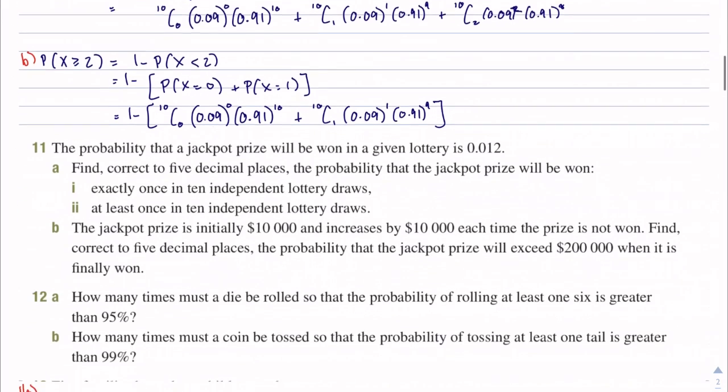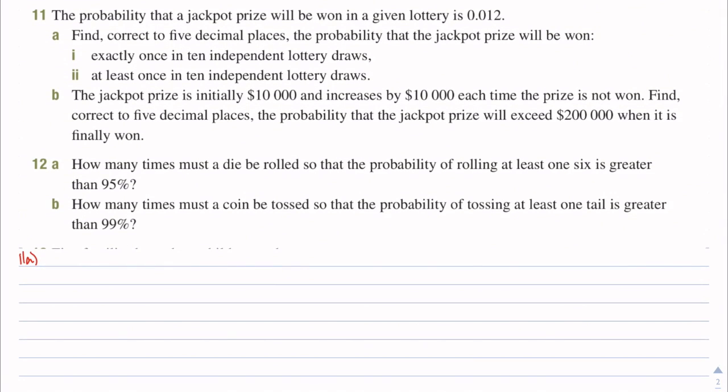And calculator. Okay, so for 11, P equals 0.012, which means Q equals 1 minus that, which is 0.988. And N equals 10 because there's 10 draws.